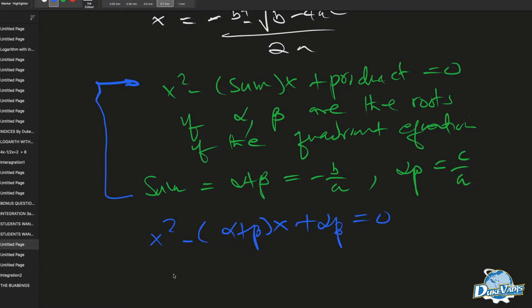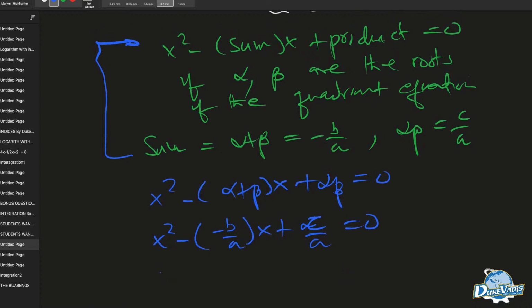Okay, so when we substitute in the respective variables, we say x squared minus negative b over a x plus alpha beta, which is c over a, is equal to 0. Then this can be written as, minus will be positive, so x squared plus b over a x plus c over a is equal to 0.